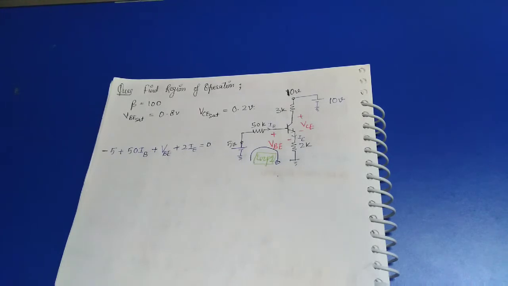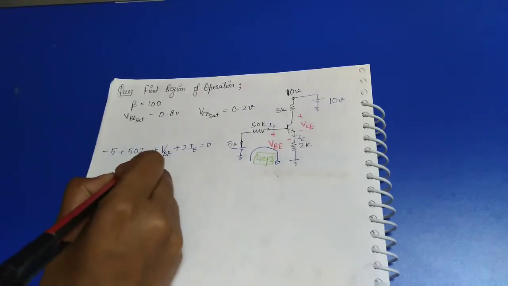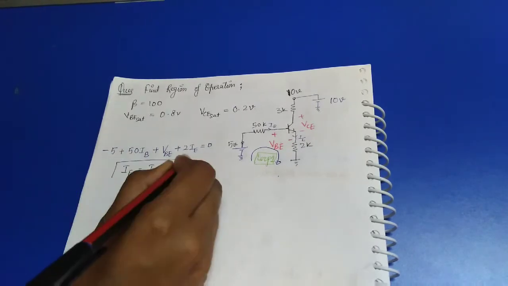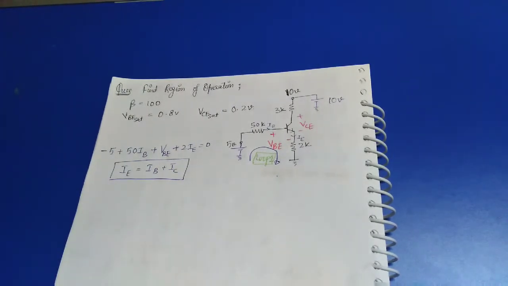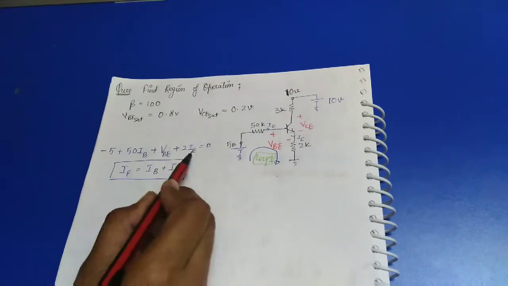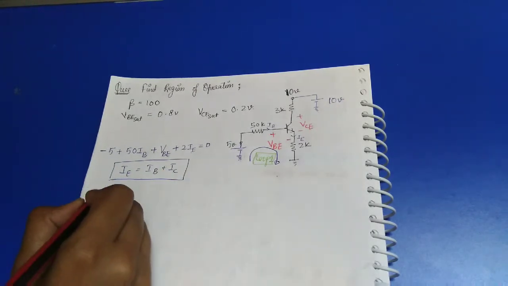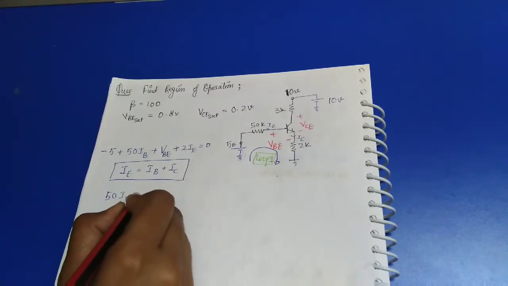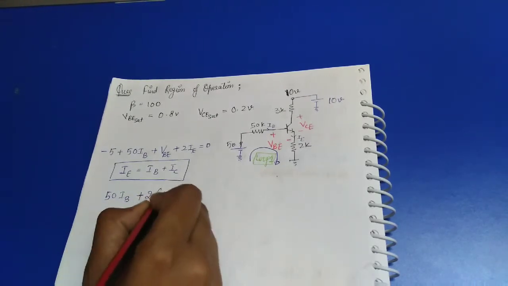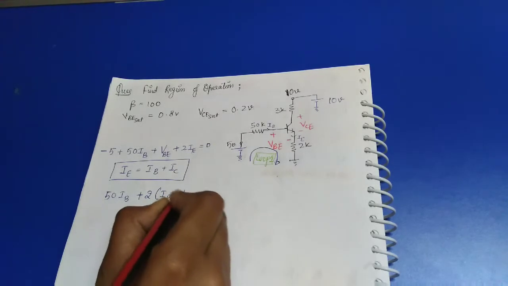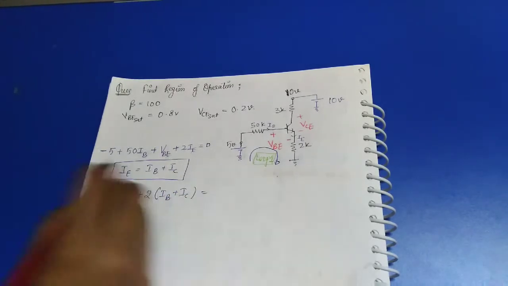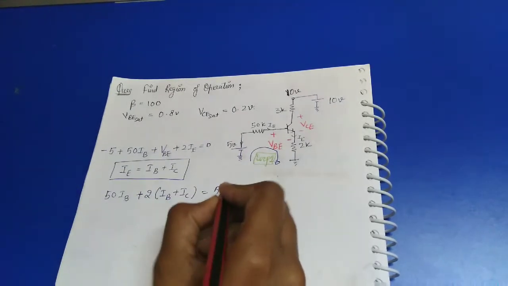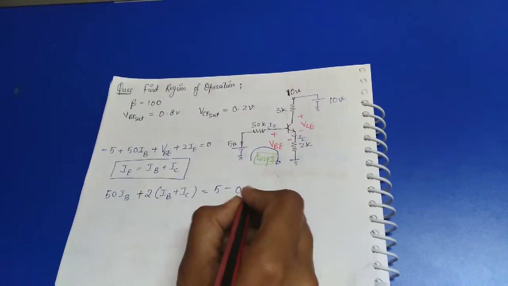Taking IE equals IB plus IC, which we know very well, and replacing IE with this: plus 2 (IB plus IC) equals 5 minus 0.8.